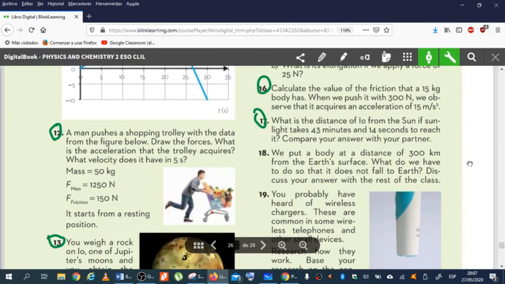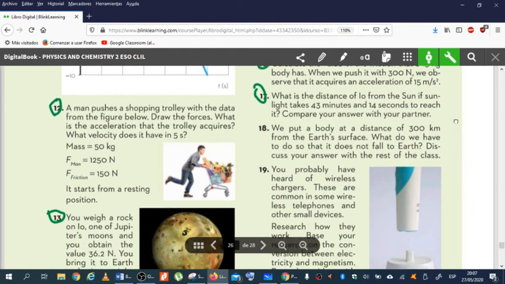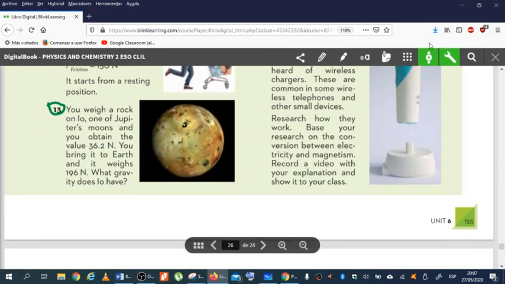Yes, all these exercises are on page number 155, for next week. I will correct them by the end of the week, maybe Thursday or Wednesday, or I don't know.